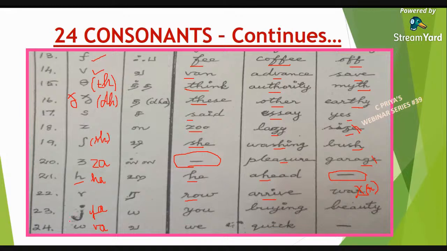The 23rd consonant sound, Y, produces the ya sound: you, buying, beauty. W produces the wa sound: view, quick. Though it is qu, it produces the wa sound, quick. And it has no position at the end of a word.